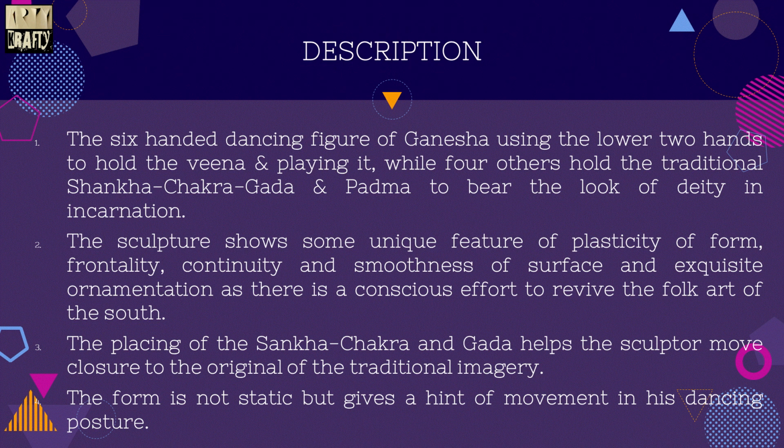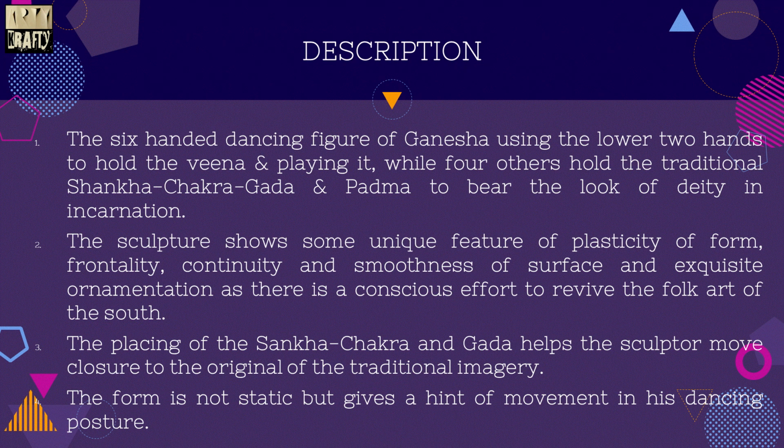The sculpture shows some unique features of plasticity of form, frontality, continuity, and smoothness of surface, and exquisite ornamentation, as there is a conscious effort to revive the folk art of the South.